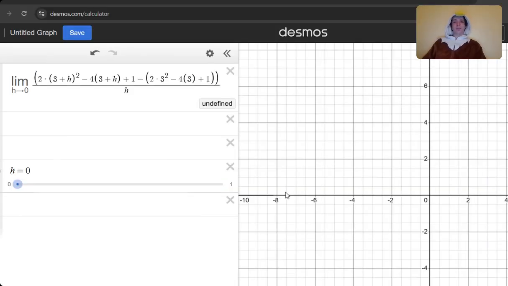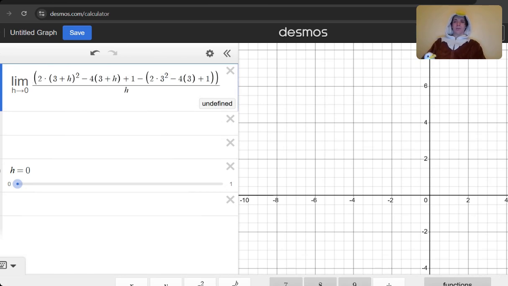In this case, x2 is going to be 3 plus h, and x1 is going to be 3. And if you have x2 minus x1, it's just going to be h. And if you have this up here, we have 2 times (3 plus h) squared minus 4 times (3 plus h) plus 1, and minus 2 times 3 squared minus 4 times 3 plus 1.